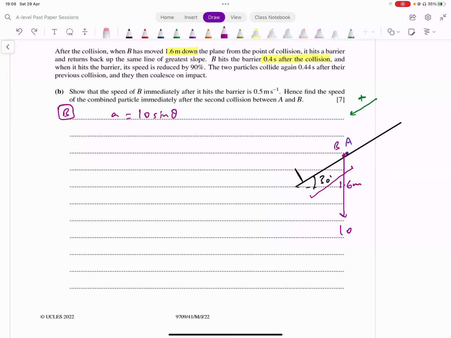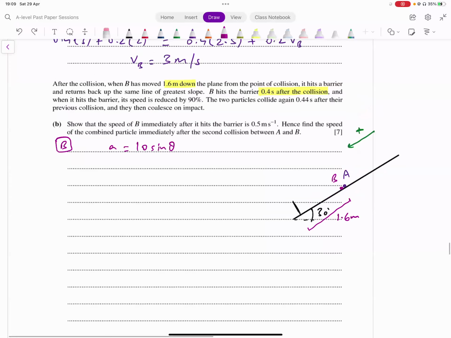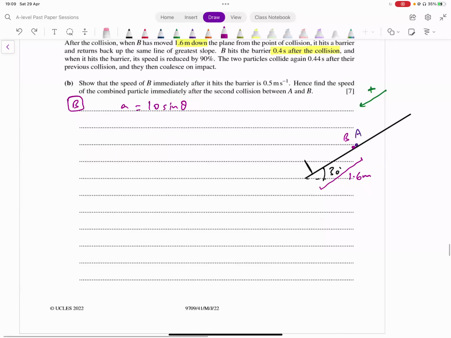So this is a standard rule that we have whenever we have a smooth plane और उस पर कोई object नीचे को जा रहा है without any external forces, तो जो acceleration होती है वो 10 sin theta होती है, okay? अच्छा, acceleration 10 sin theta, तो इसका मतलब क्या हुआ? इसकी वैल्यू क्या हो जाएगी? 10 sin 30 is 1/2. Acceleration is going to turn out to be 5 meters per second square here. ठीक है? Again, keep in mind, B नीचे की तरफ जा रहा है, तो हम कर क्या रहे हैं? नीचे वाली डायरेक्शन B के लिए पॉजिटिव अज्यूम कर रहे हैं, ओके?